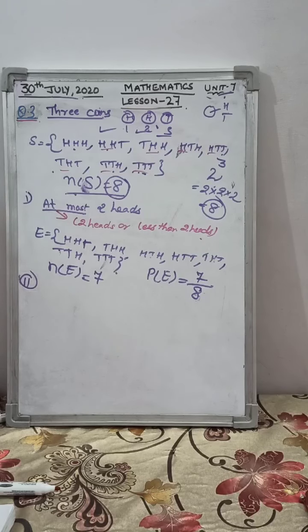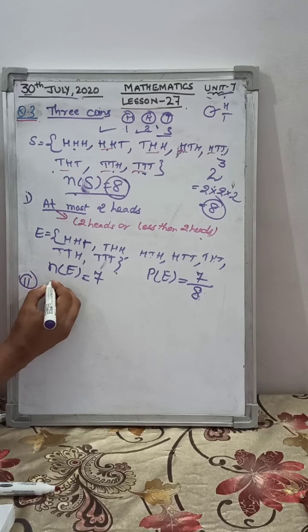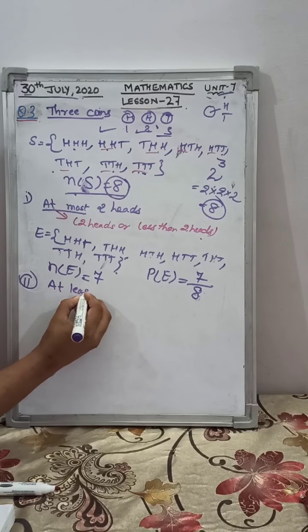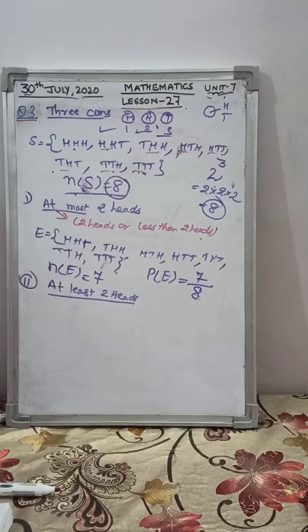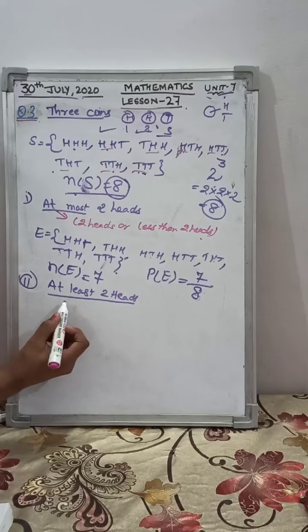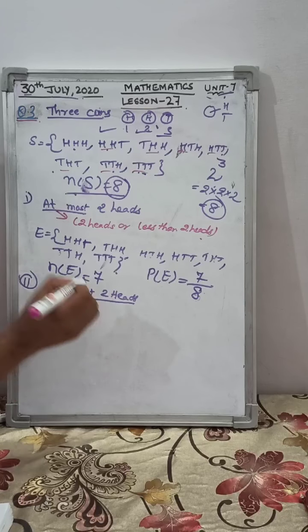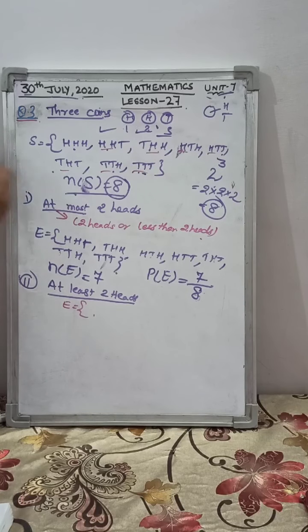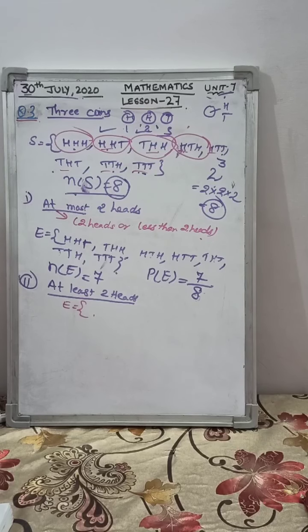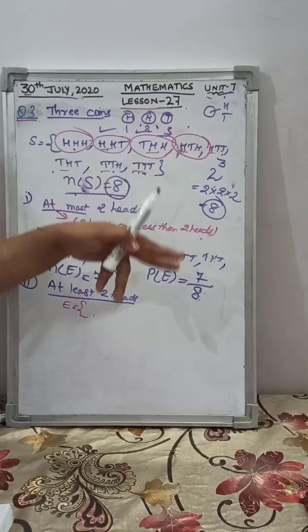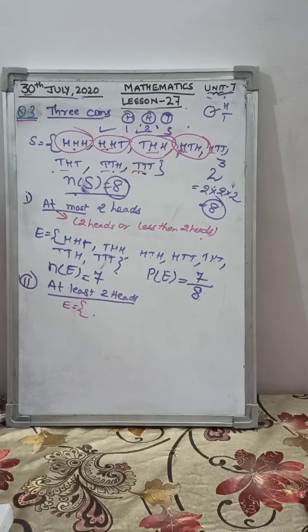Second part, they are saying you have to find the probability of at least 2 heads. That means you will take at least 2 heads, not less than 2. So your event elements will be now this one, 2 heads, 1, 2, 3, and you will take this one also. You cannot take less than 2. You can take more than 2.